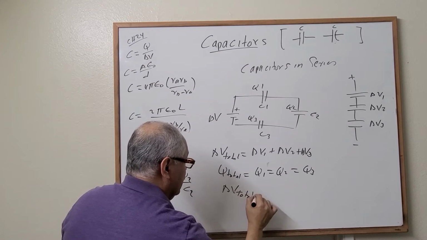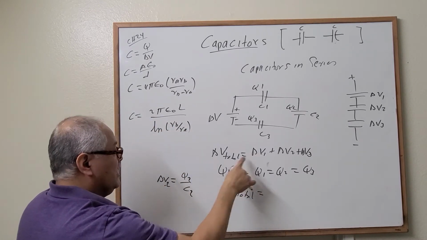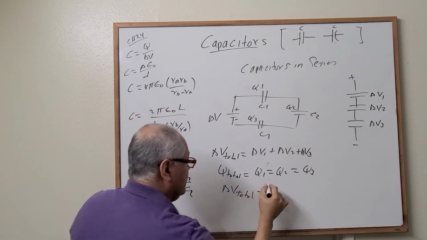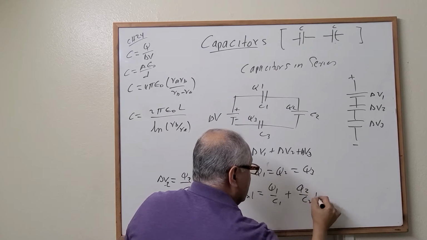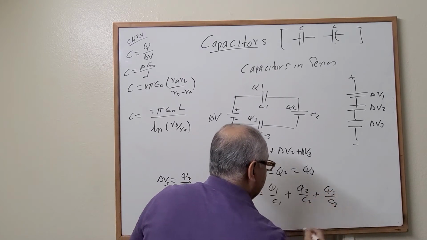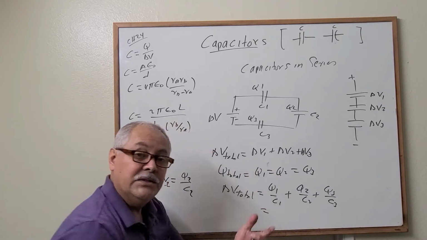So the total potential difference equals to voltage in capacitor 1, which is equals to Q1 over C1 plus what? The same thing for the next one, and the same thing for the last capacitor. But look, the charge is constant, means that we can factor the charge.